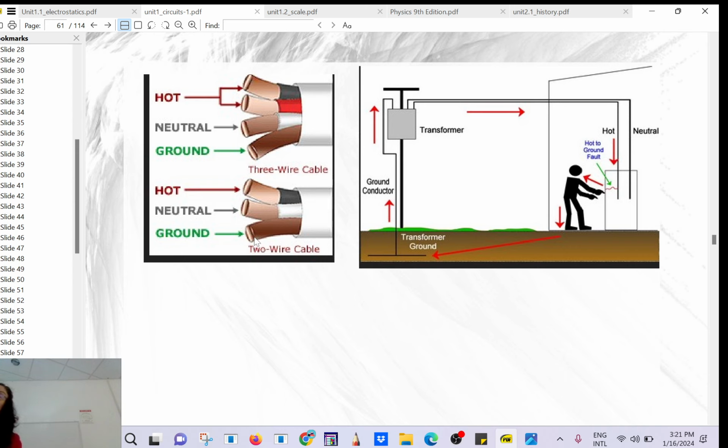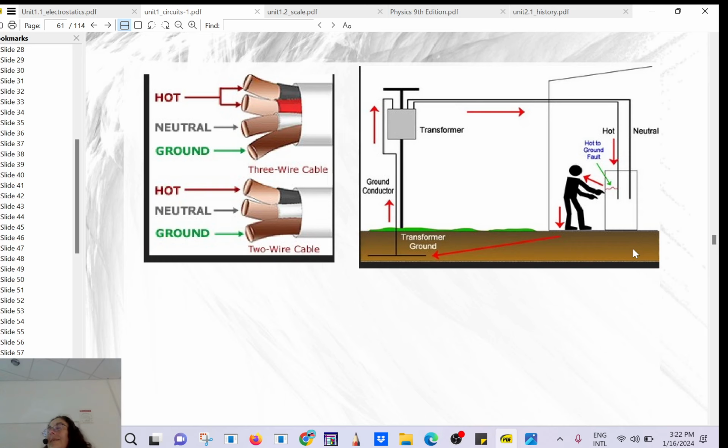So it's the third one, right? The one below. But don't try it, just to be safe. It used to be that the plug had only two prongs, right? The hot and the return. That was not safe at all. Nowadays, they have a third connection. So if there is a leak somewhere, instead of going through you back to base, it will go through the ground connection into the ground.